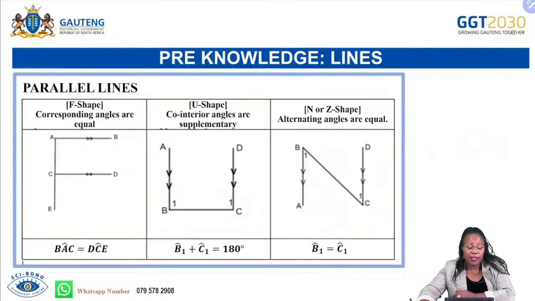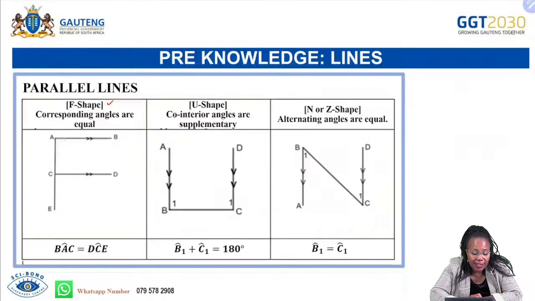Now we are looking at the angles between parallel lines or between your transversal lines. We have angles identified by the letter F, and it must be the angle inside that F shape. This F can face any direction.